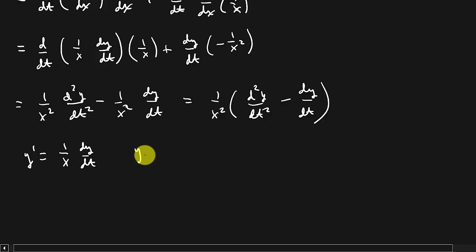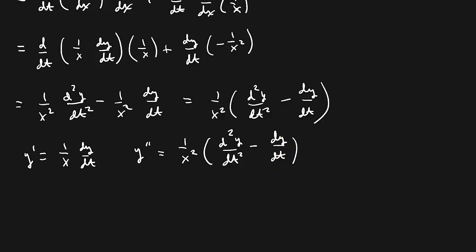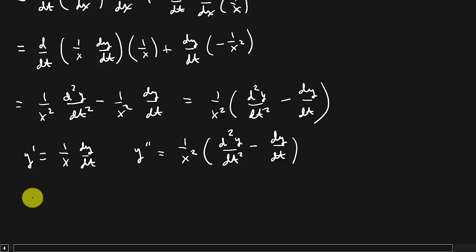And then y double prime is equal to 1 over x squared times d2y/dt2 minus dy/dt. And why is that so important? Because if you remember, we have x squared y double prime minus xy prime plus y equals natural log of x. That's what we have.